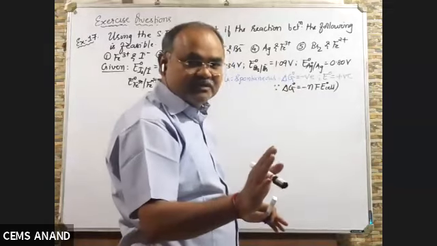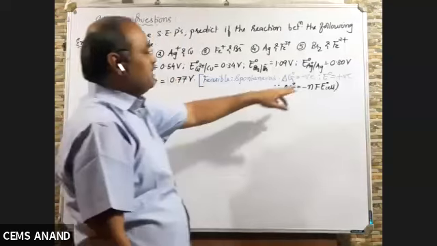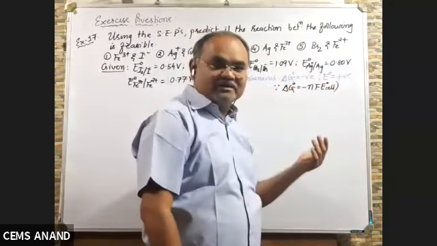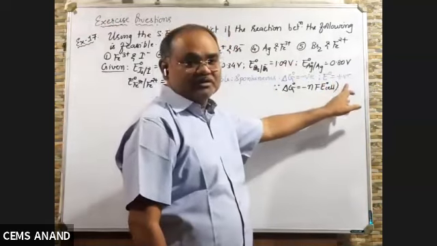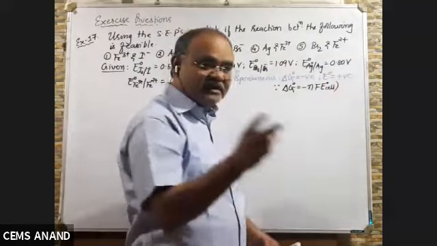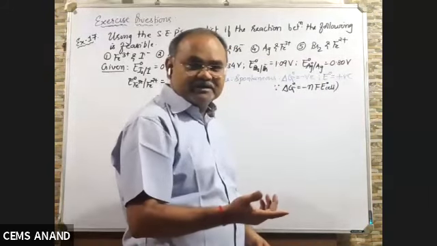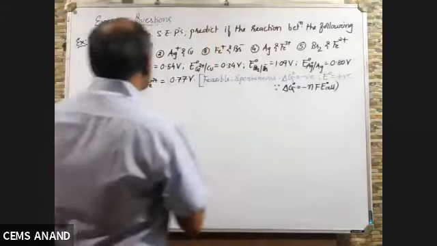So for any reaction to be spontaneous or feasible, the E0 cell which you calculate using this pair should be positive. If the value is positive, you can say it is feasible. Out of 5, I will take 2 examples, one feasible and one non-spontaneous. Remaining you can practice in the homework, right?